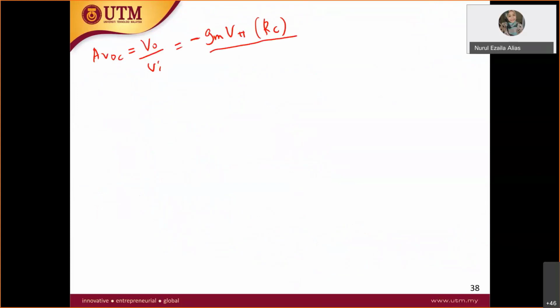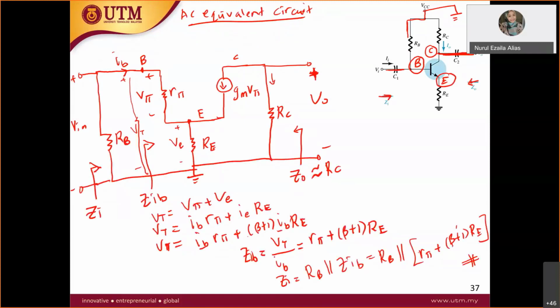One more thing, what is your V in? Let's take a look here, your V in. So this is your V in over here. It is actually equal to what, students? It is equal to the V total. Do you agree with me?